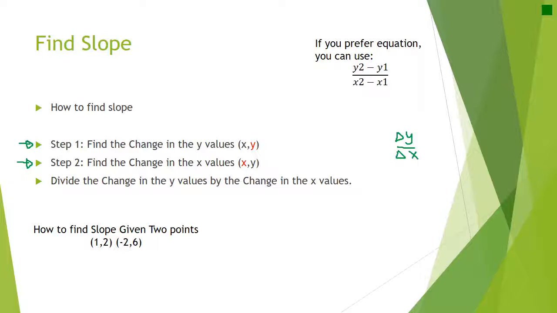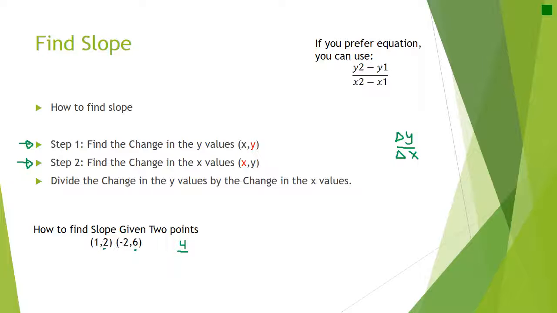So if you're ever given 2 points or a graph that has 2 points on it, here's how you'll do it. You'll say to yourself, okay, we're starting at 2, we're ending at 6. Those are my y values, 2 and 6. The change from 2 to 6 is a change of 4.